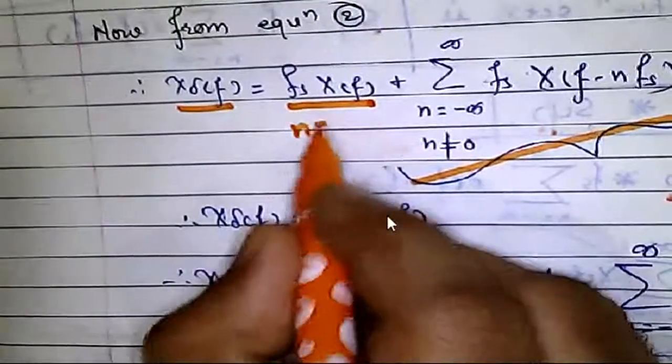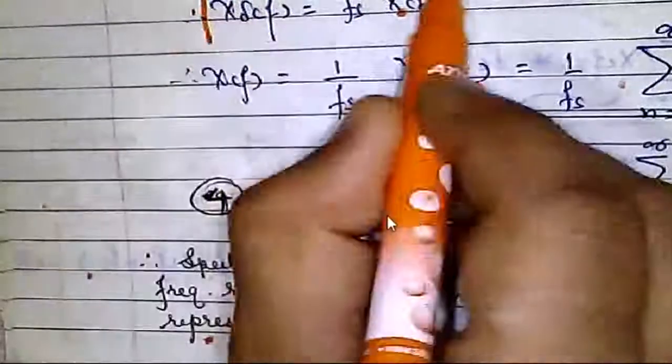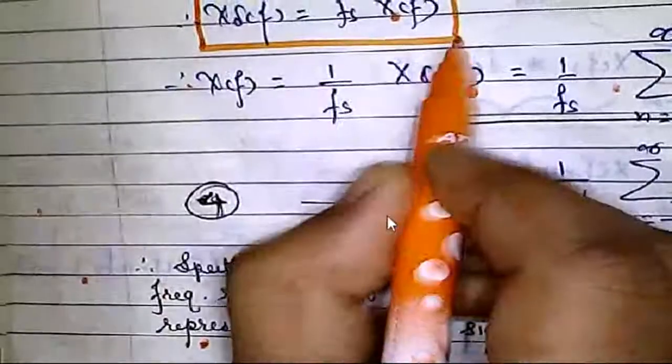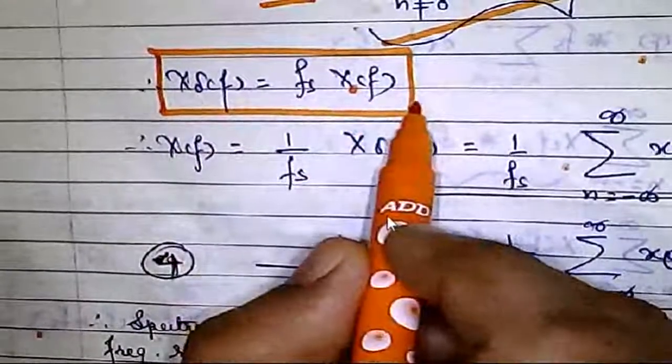This is the n equal to 0 part, so we are just concentrating on it. So x delta of f will result in a simple equation, that is fs times x of f.